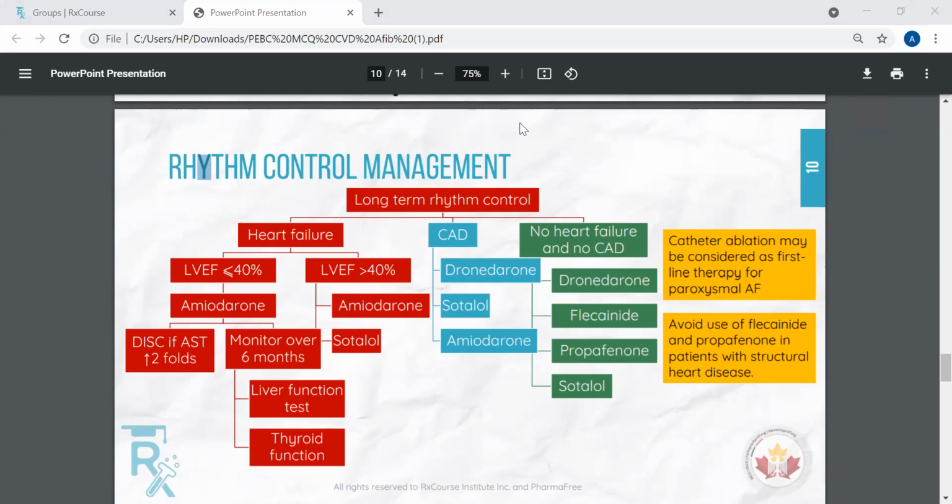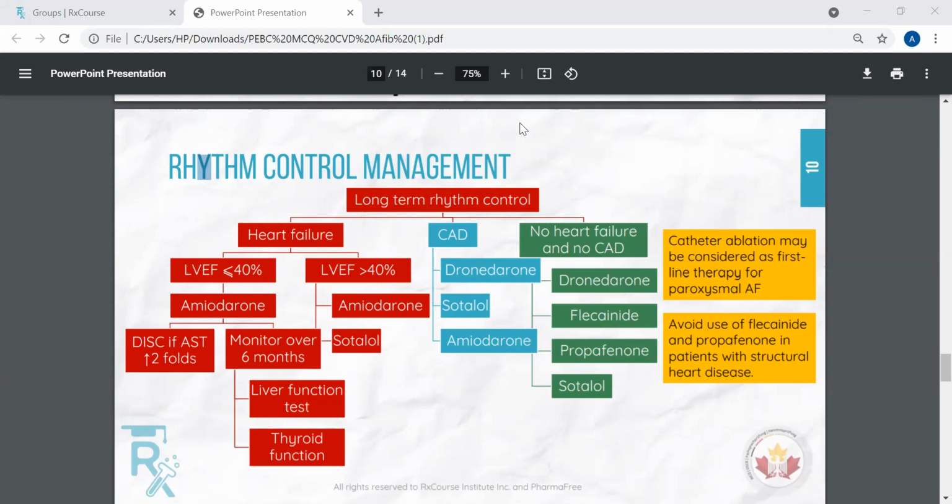At this point, I will keep on amiodarone, correct? Yes. What if the patient didn't respond to amiodarone, and we couldn't restore the rhythm control? What will we do? We'll go for ablation. Exactly.